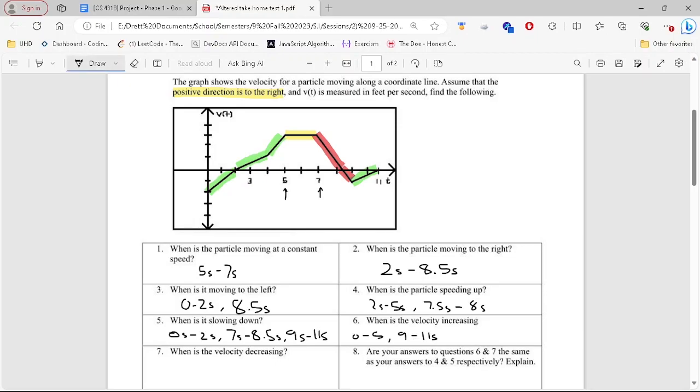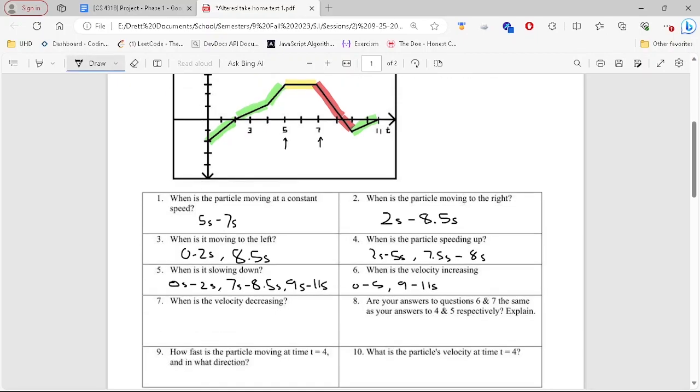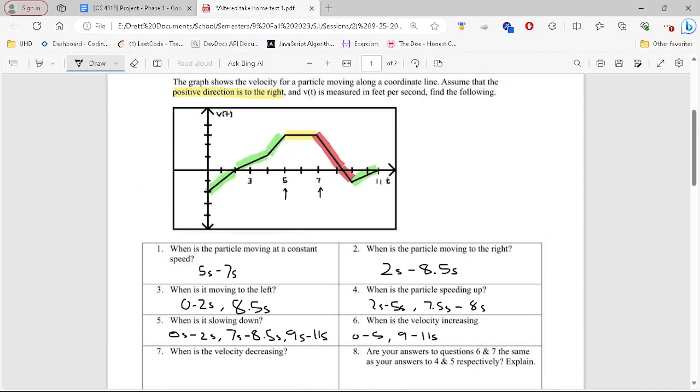Okay, cool. So when is the velocity decreasing? The velocity is going to be decreasing everywhere it's red, whenever the change in velocity is negative. If you are not sure, calculate the difference in velocity from here to here.